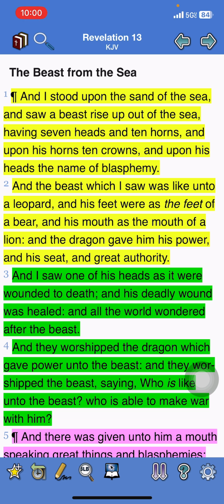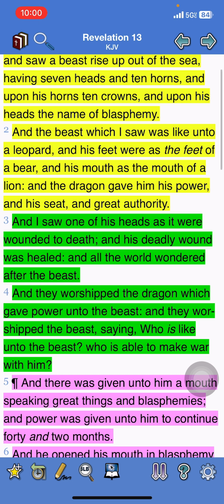So it says, "And I stood upon the sand of the sea, and I saw a beast rise up out of the sea, having 7 heads and 10 horns, and upon his horns 10 crowns, and upon his heads the name of blasphemy. And the beast which I saw was like unto a leopard." That's the Greeks. "And his feet were as the feet of a bear."